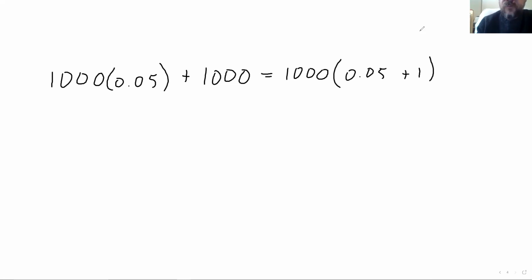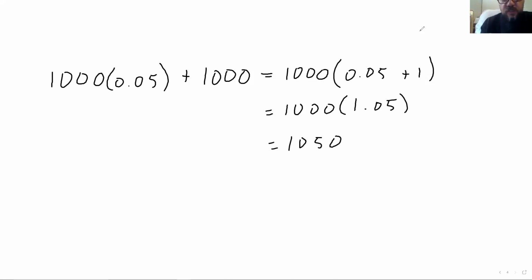Right, but 0.05 plus 1 is just 1.05. So if I do 1,000 times 1.05, that will get me 1,050.